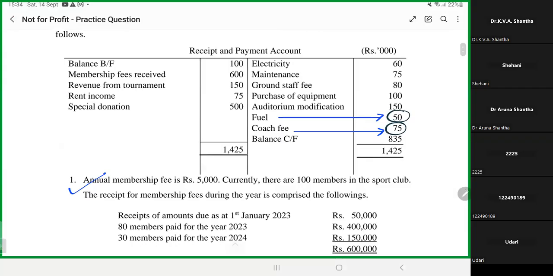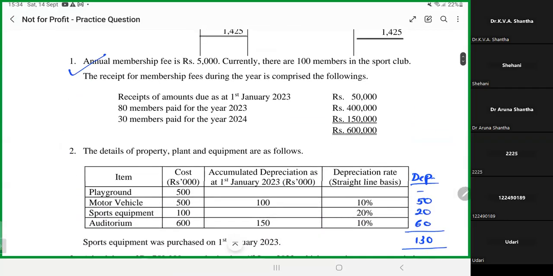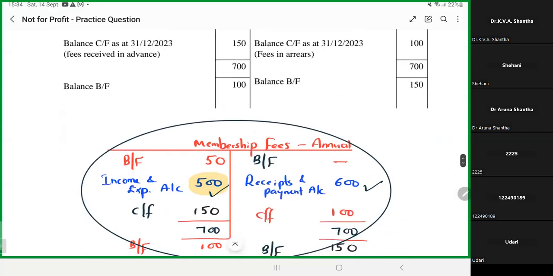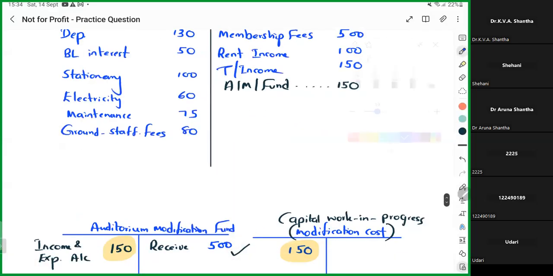Two more expenses. Fuel and coach fee. Right. So we have considered now all the expenses.